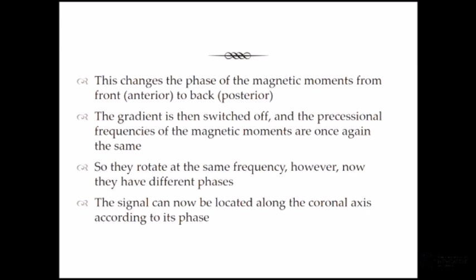And then we can use that frequency information, once we collect it, to impart spatial localization into our image. Okay, so they're still rotating, they're still precessing, they're still recovering their magnetisation or the decay based on their T1, T2 parameters. It's just that we've manipulated them so that they will give us information about their spatial location.